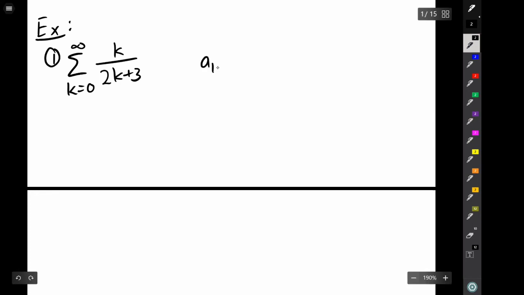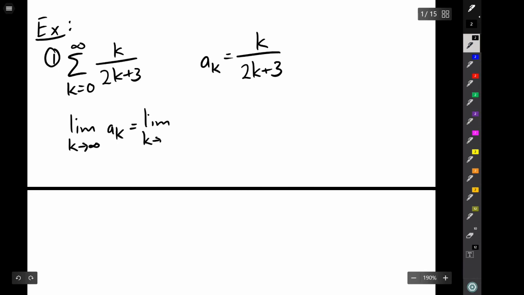Here, our a_k is k over 2k plus 3. And then the limit as k goes to infinity of a_k is the limit as k goes to infinity of k over 2k plus 3.